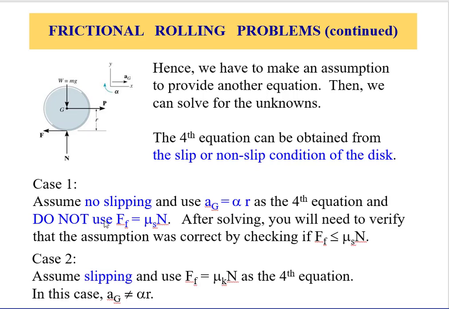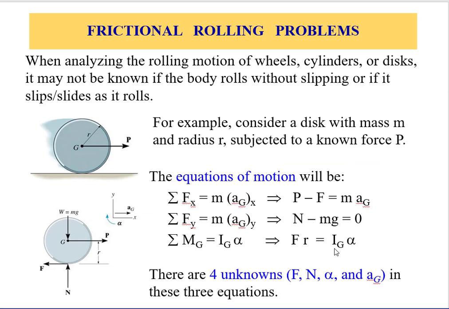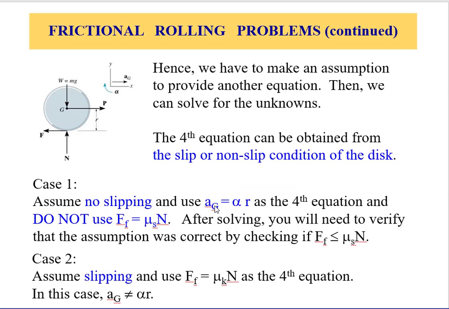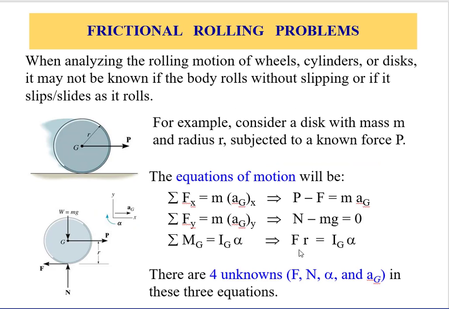Okay. Now we have introduced a new equation, which is a_G equal to alpha R, and that is based on the assumption of no slipping. We will be able to calculate these four unknowns using three equations along with that equation. So we will be able to calculate this F from these four equations.